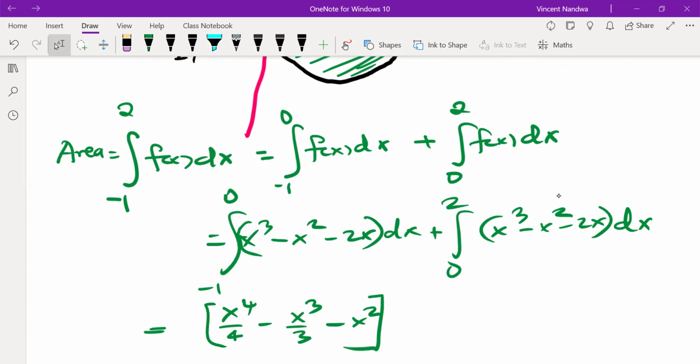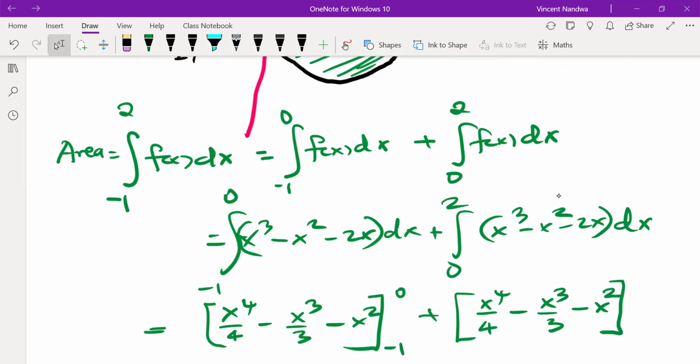Then you apply limits from -1 to 0, plus x power 4 over 4 minus x power 3 over 3 minus x squared, from 0 to 2.